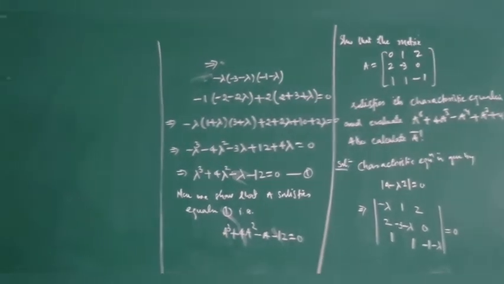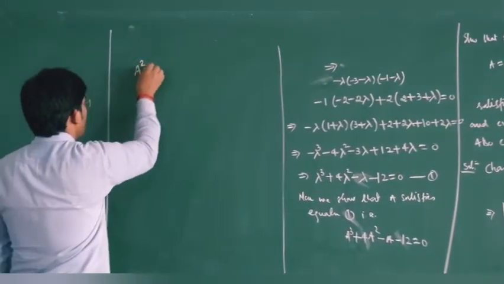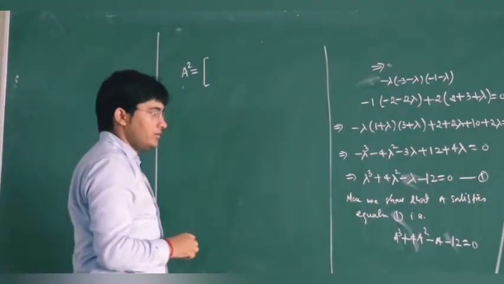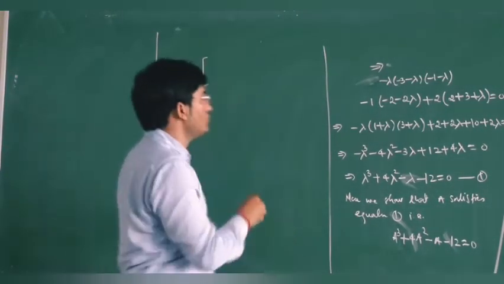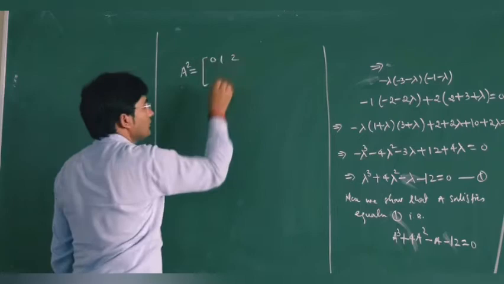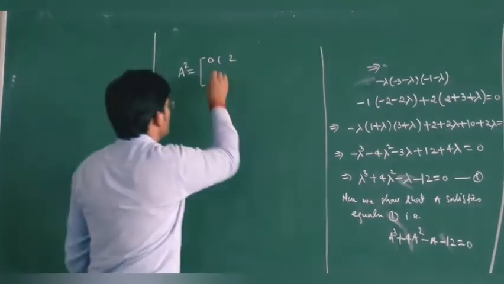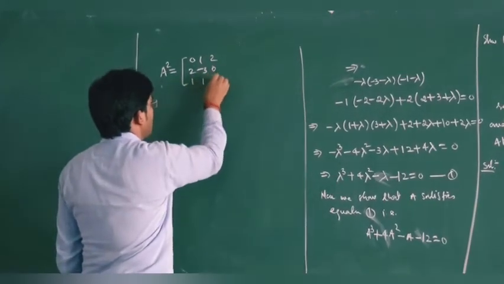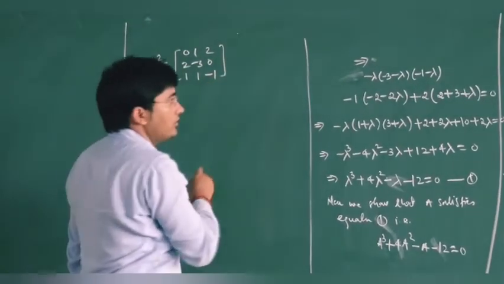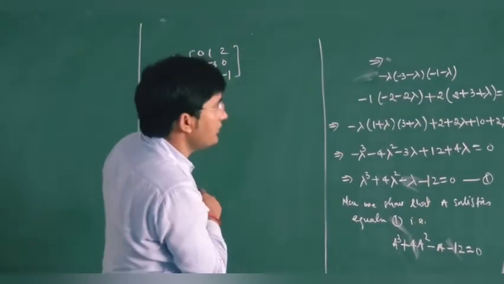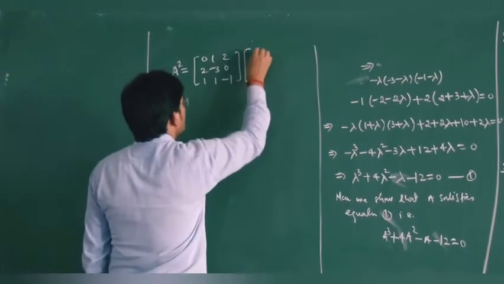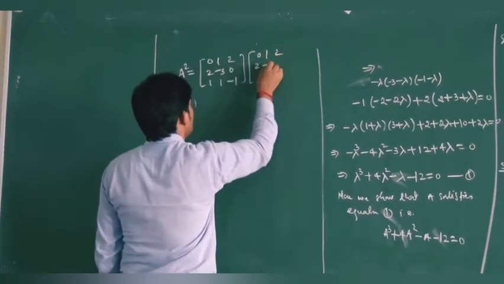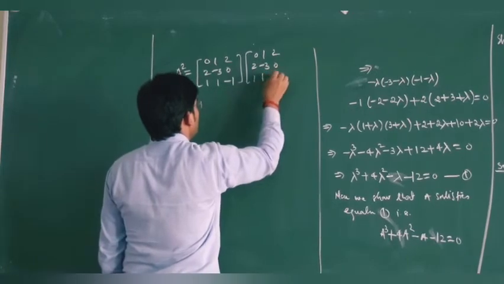So your A square will be equal to A, your A is 0, 1, 2, then we have 2, minus 3, 0, then we have 1, 1, minus 1. So this is your A multiplied by A: 0, 1, 2, 2, minus 3, 0, then we have 1, 1, minus 1.